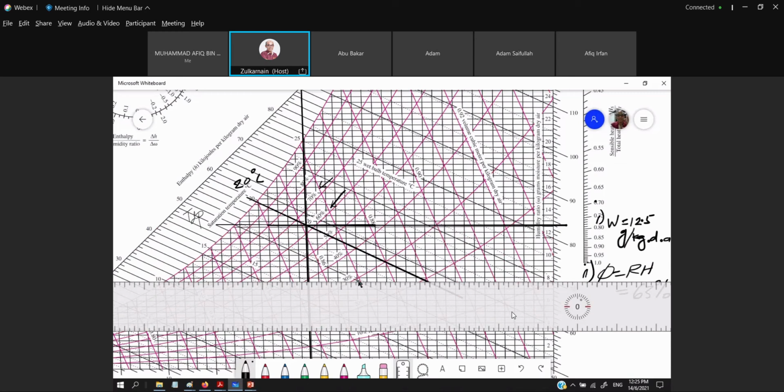Okay, this is 15, 16, 17, this is 18. So it's before 18. Maybe I can put right here the TDP as 17.5 degrees C. So this is for number 4.